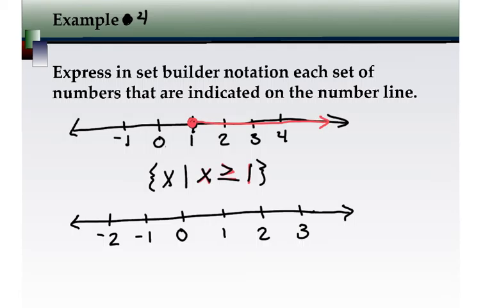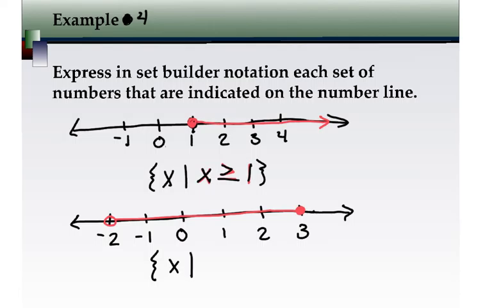And if I start at this number -2 with an open circle, and then I draw my line up to number 3 and do a filled in circle, let's do that in set builder notation. So like I said, open circle means it's just a less than symbol or a greater than symbol, no equal to.